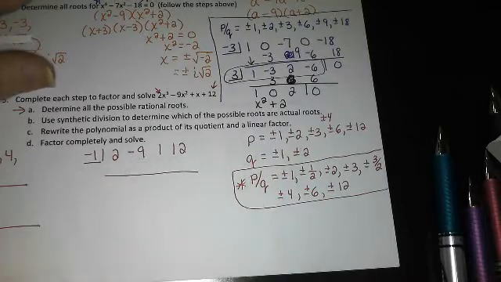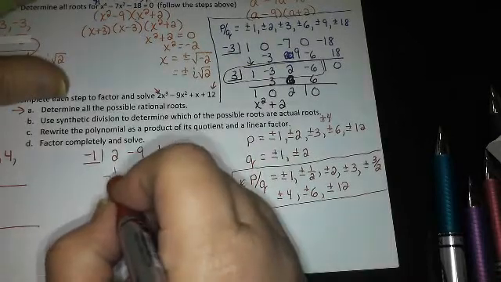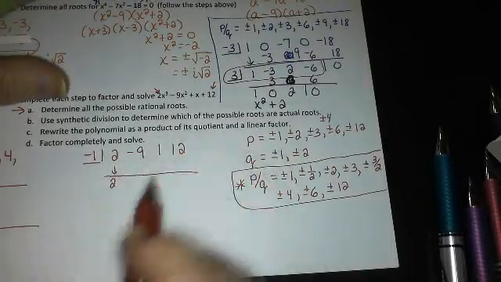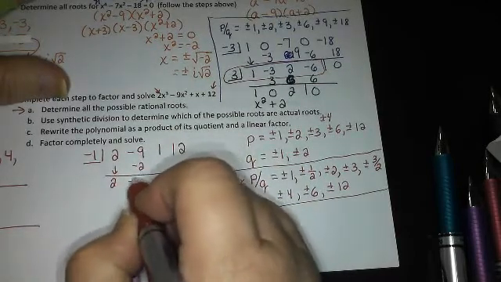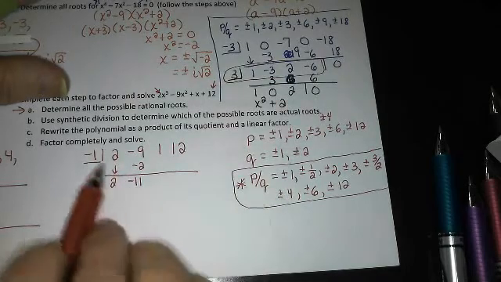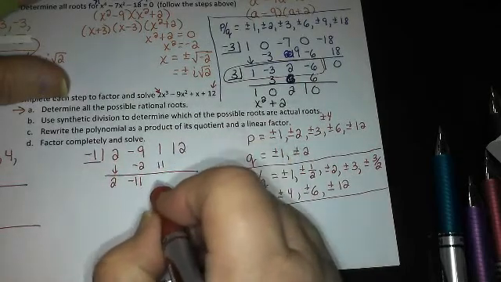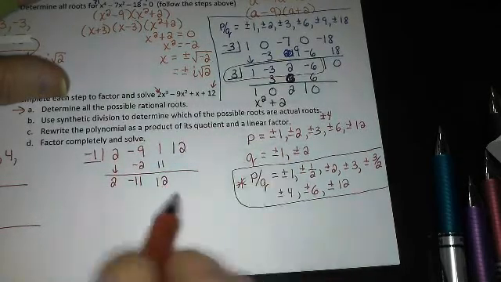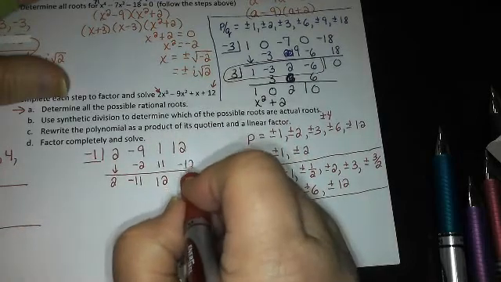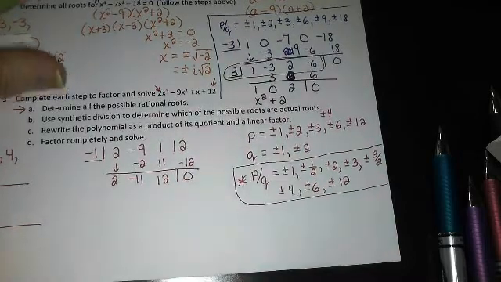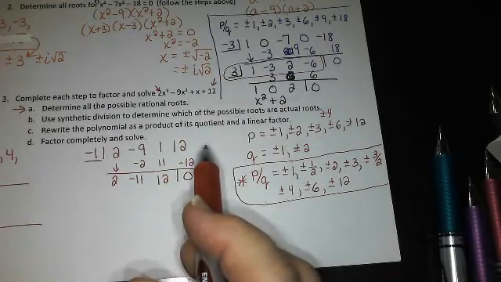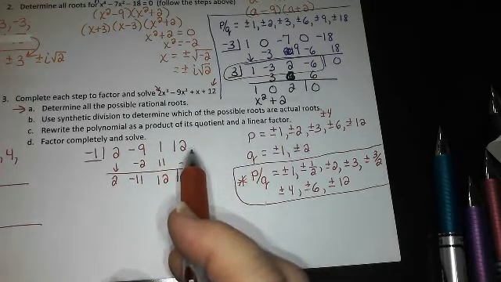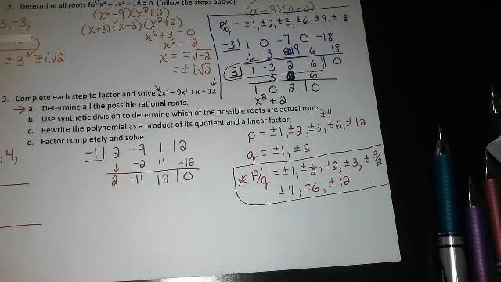So make sure you can read your own writing. That's important. Bring down the 2. Multiply. Add them together. Multiply. Add them together. Multiply. Add them together. If you do synthetic division and you don't get a remainder of 0, and your calculator said it was a root, check back with your division, because you should be getting a remainder of 0.